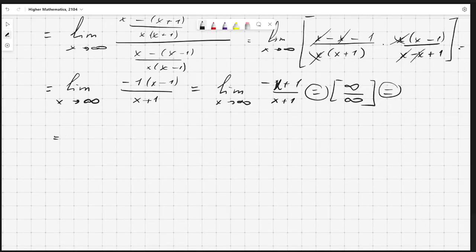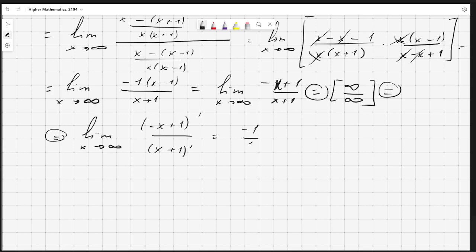It means we must find limit of ratio of derivatives, minus x plus 1 prime over x plus 1 prime. It is minus 1. Is it clear? Yes, clear. Okay.